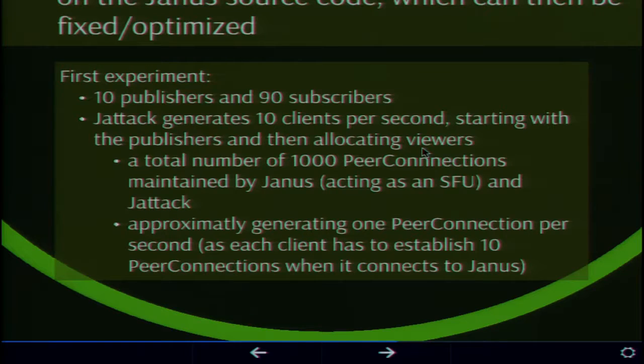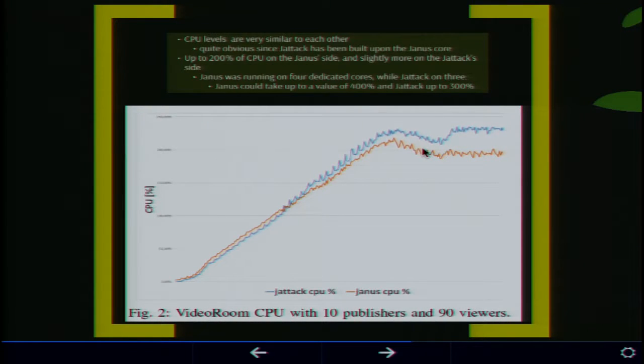But if you have 100 participants in such a scenario, this means that you have to manage a total number of 1,000 peer connections, because for each and every new participant, you need to create 10 peer connections in order to allow such a participant to receive all of the feeds. Please remember that this behavior is associated with the selective forwarding unit and not an MCU, which is a different thing. So let's come to the performance figures.